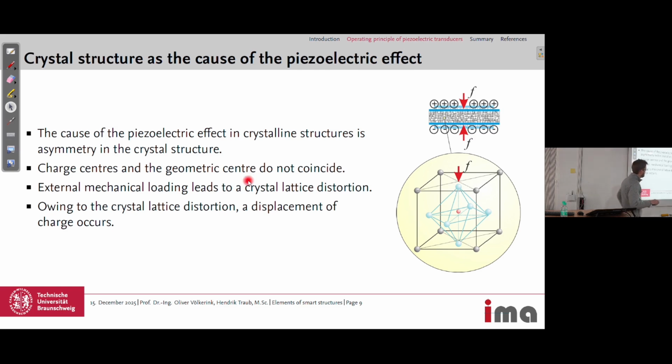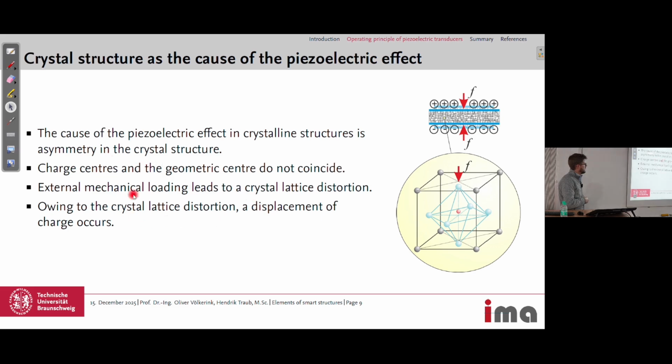If you look at this lattice, you notice that this atom here in the middle is not in the geometric middle, and therefore the geometric center and the charge center do not coincide.